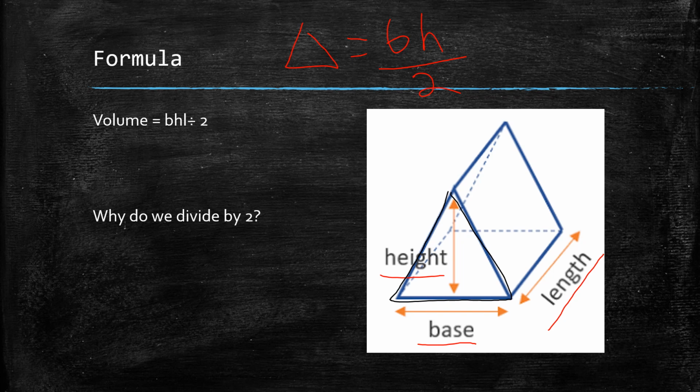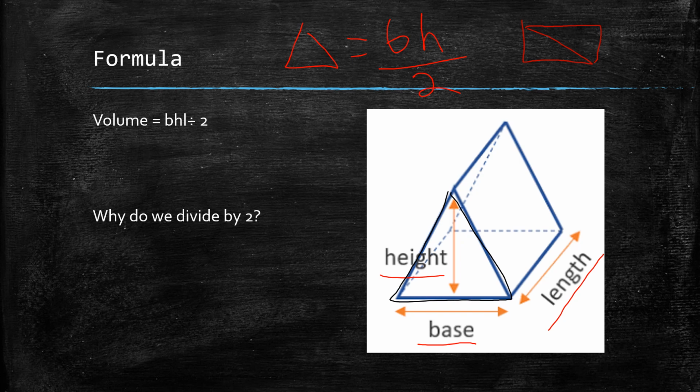And the reason for that, as we've been learning, is that a triangle is half of a rectangle. And that length and width is the same as the base and height. So because we have half of it, we have to divide it by 2. And so we still have half of that shape, and so we have to divide by 2 in this problem.